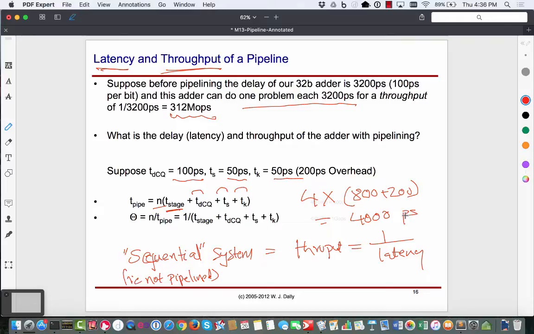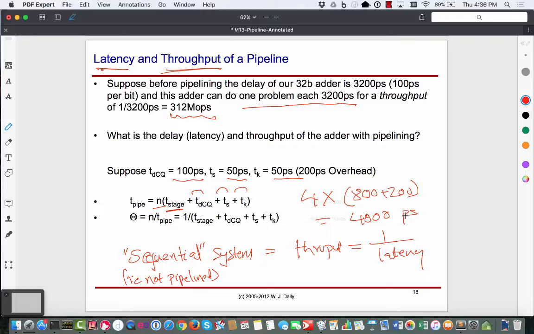So one has to account for this, and as you might imagine, if I pipeline too much, then at some stage it becomes a losing proposition because the delay added by the registers is whatever it is, 200 picosecond, and meanwhile I'm chopping the adder finer and finer.